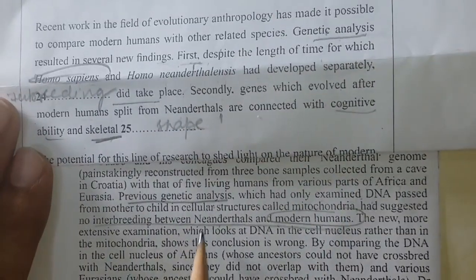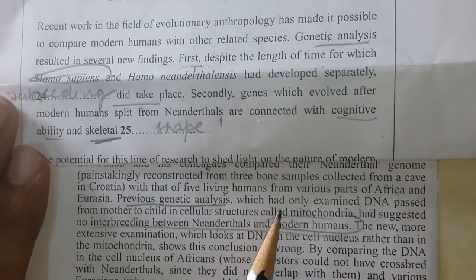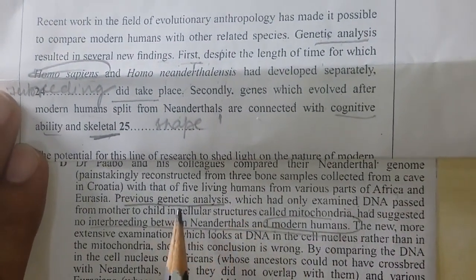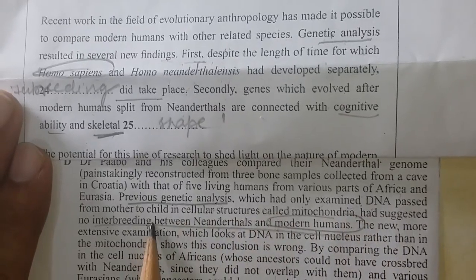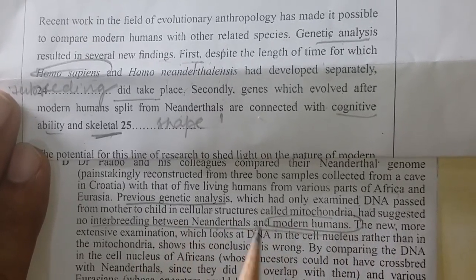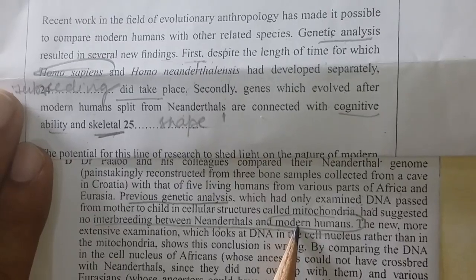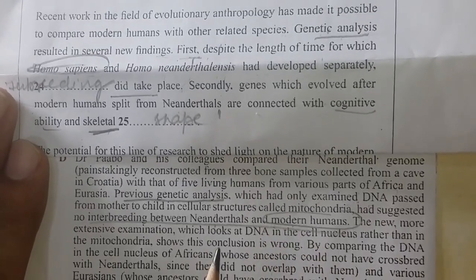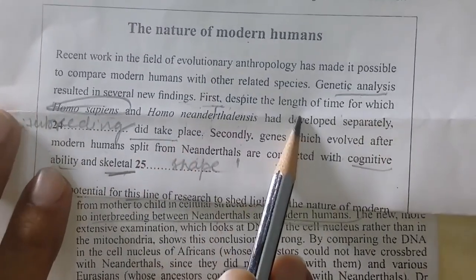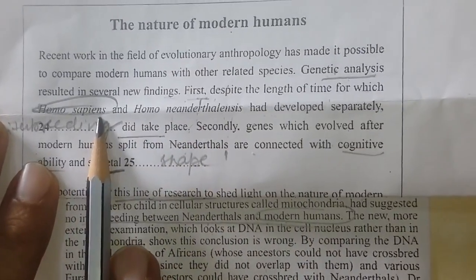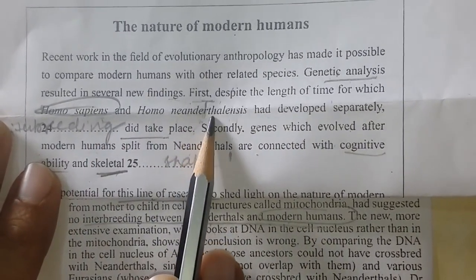So he said, now let's come to it. If we want to go, which are only examining DNA from mother to child, between this and this, interbreeding. It means modern humans, we are modern humans, they are our ancestors.